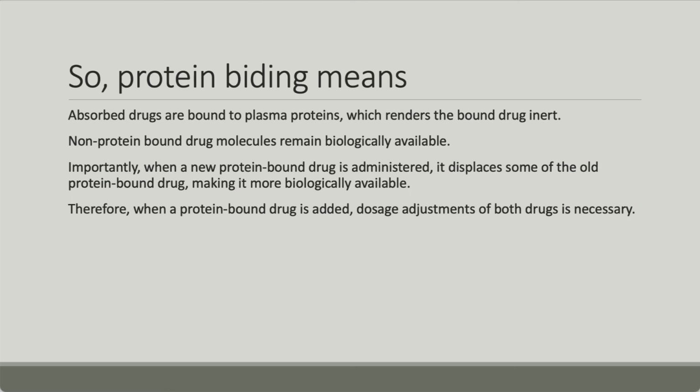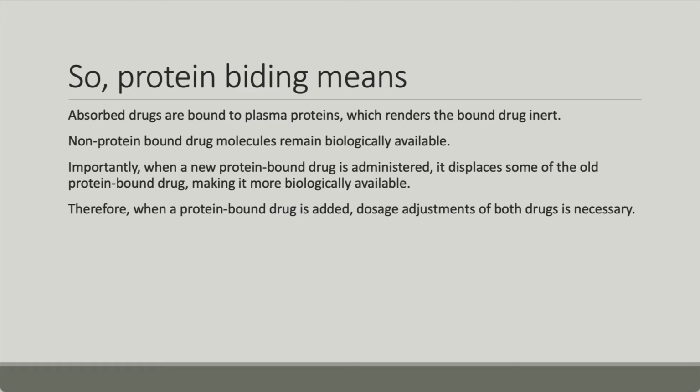Okay? So protein binding means that the absorbed drugs are bound to plasma proteins, which renders the bound particles inert. The non-protein bound molecules remain biologically active, and they do their thing as that drug is supposed to do.